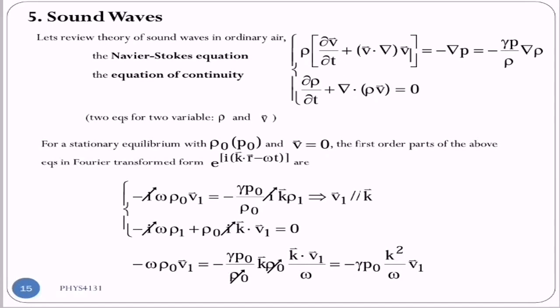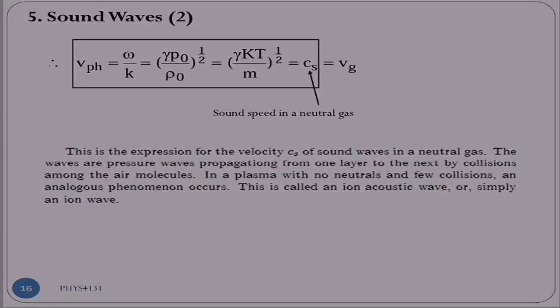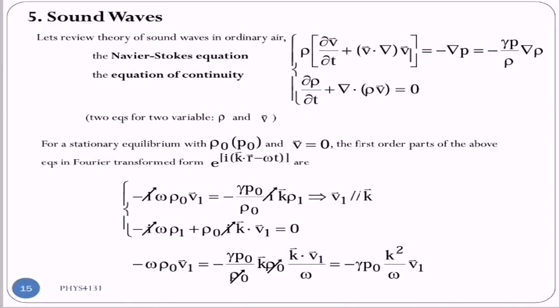The equation is a generalization of the equation devised by Euler in the 18th century to describe the flow of incompressible and frictionless fluids. The second one is the equation of continuity.